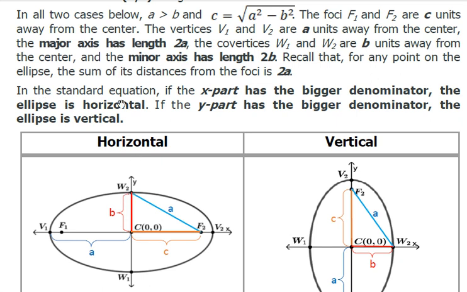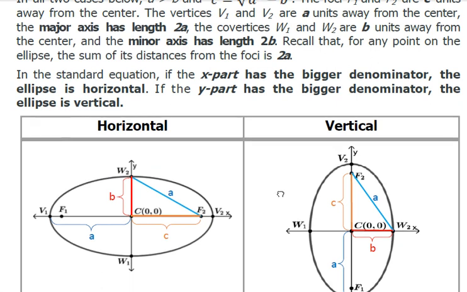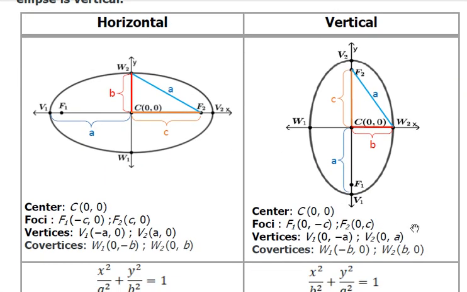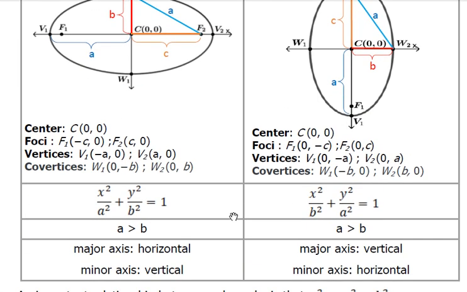In standard equation, if the x part of the ellipse has a bigger denominator, the ellipse is horizontal, like in this case. And if the y part has the bigger value, then the ellipse is a vertical ellipse. Okay.